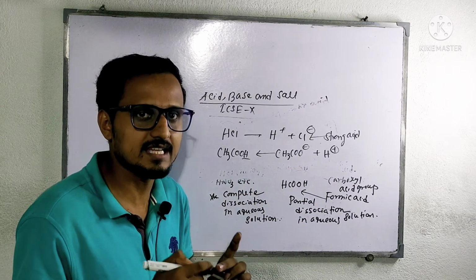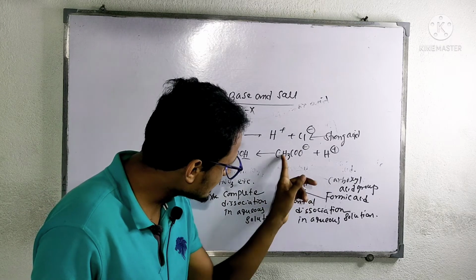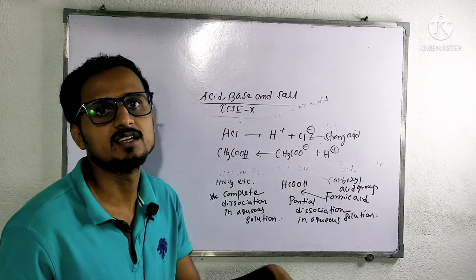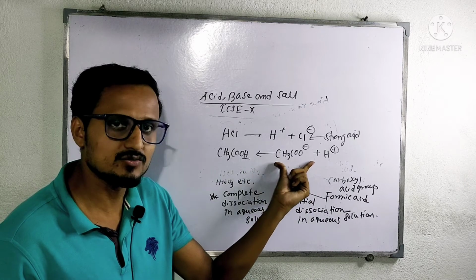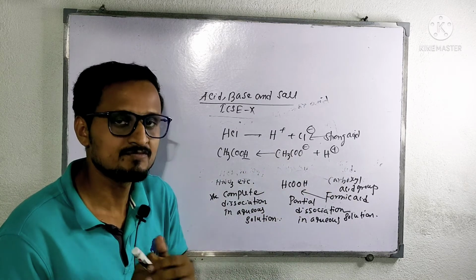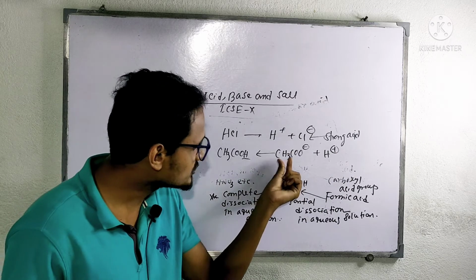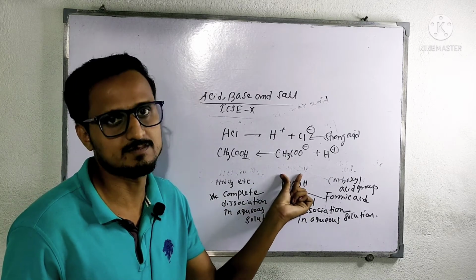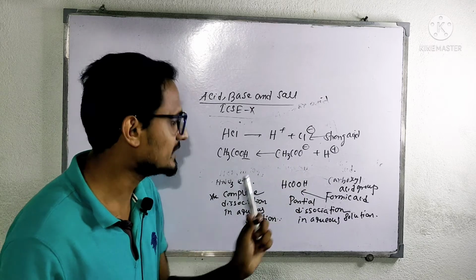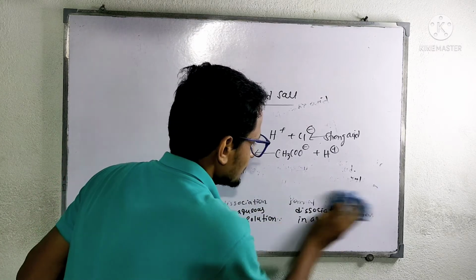Now here you can see that this hydrogen will not dissociate again. First it dissociates to form CH3COO minus and H plus. After that, this hydrogen will not dissociate. It will not furnish any more H plus, so it will remain in an undissociated form.